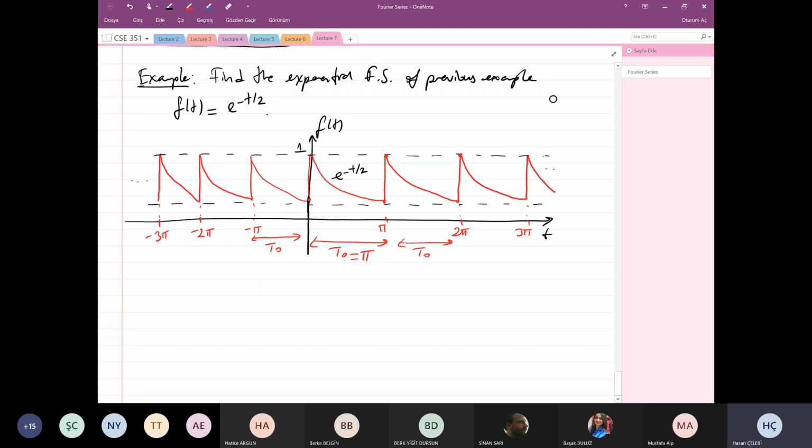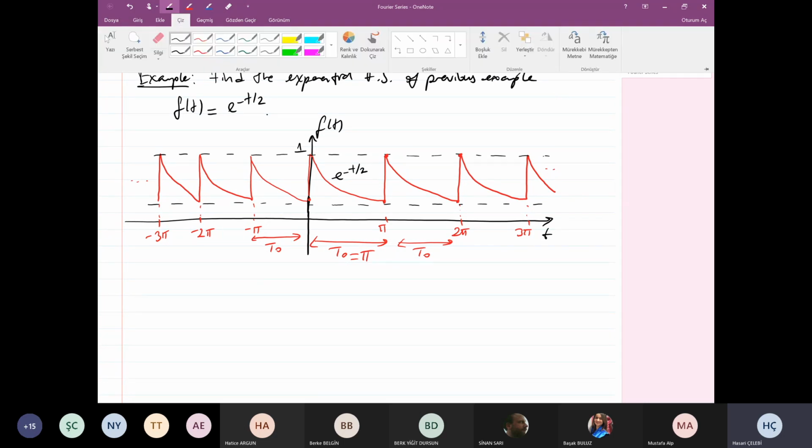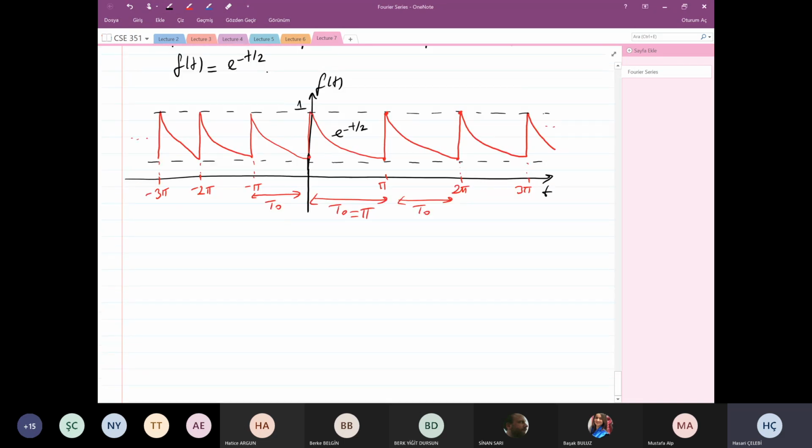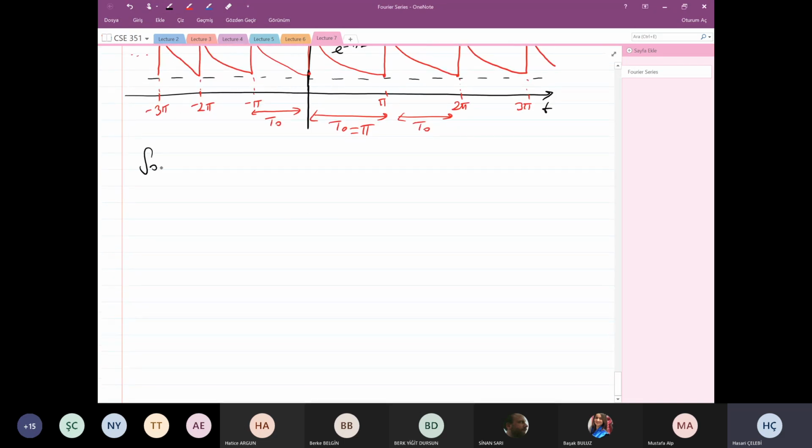Okay, solution. Let's write down the equation: f of t is equal to the sum from minus infinity to infinity of Dn times exponential j n omega 0 t.